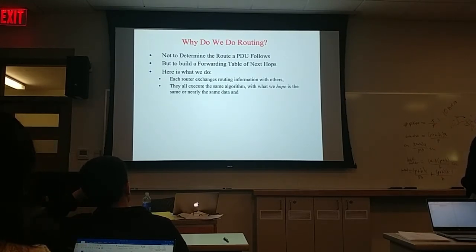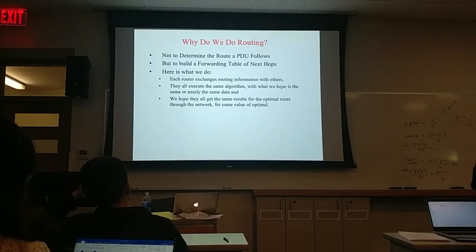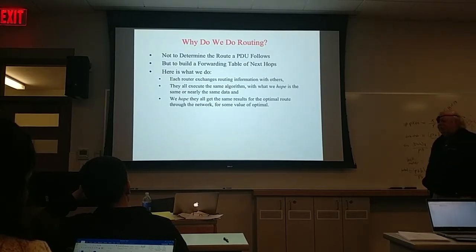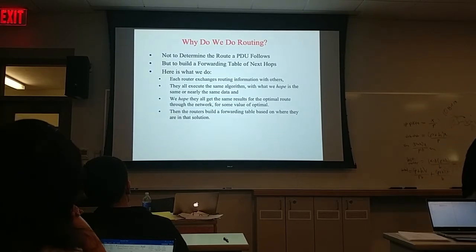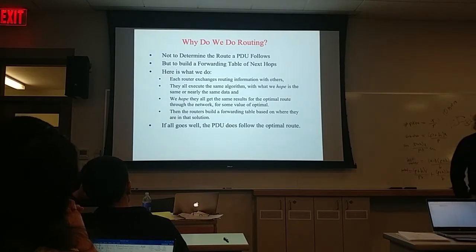They all execute the same algorithm with what we hope is the same data. We hope they all get similar results for what the optimal route would be through the network, for some value of optimal. Then the routers build a forwarding table of where they are supposed to send their packets next, that are in that solution. And if all goes well, the packet will indeed follow that path.